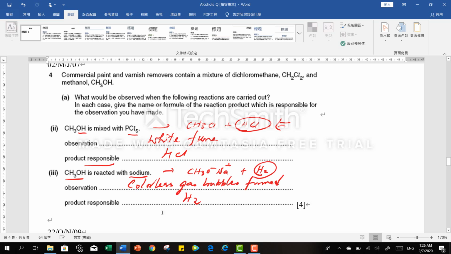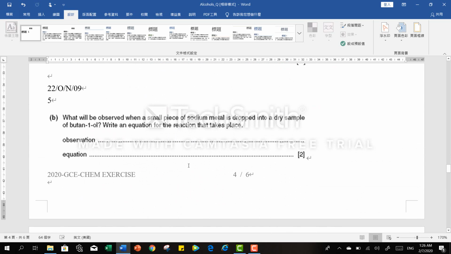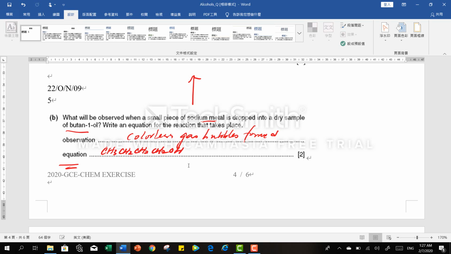Okay, I'll continue. This one, sodium metal. This is exactly the same as the previous one. It's also reacting with sodium metal, so the observation is colorless gas bubbles form. But this time the question asks you to write an equation. Still very easy. CH3CH2CH2CH2OH, butan-1-ol.